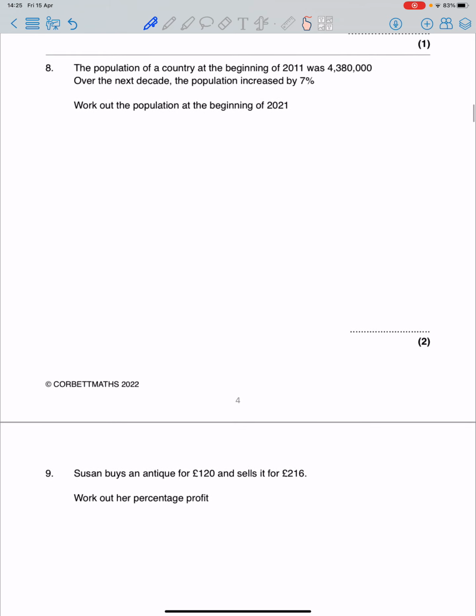The population of a country at the beginning of 2011 was 4,380,000. Over the next decade, the population increased by 7%. Work out the population at the beginning, well, at the beginning of 2021. Well, with this question, it's just taking 4,380,000 and increasing it by 7%.